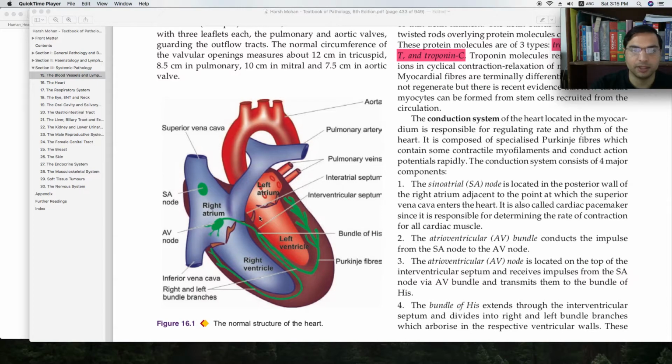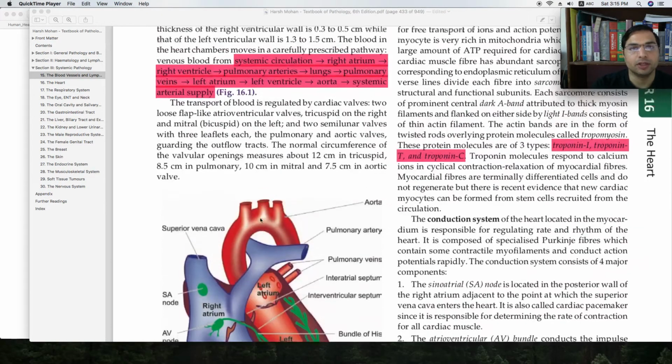The left side has a bicuspid valve, the mitral valve, whereas the right side has a tricuspid valve, right? So let us learn about the valves.